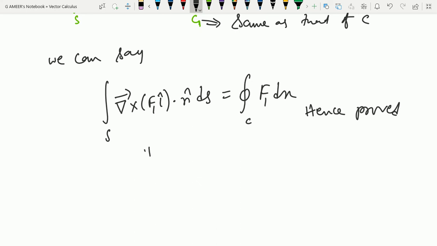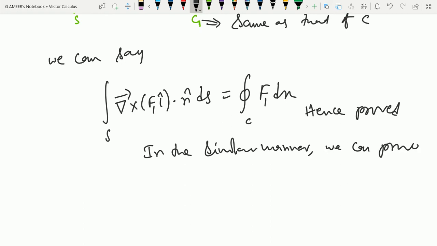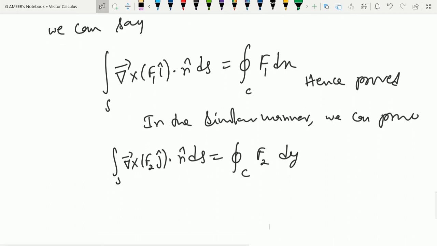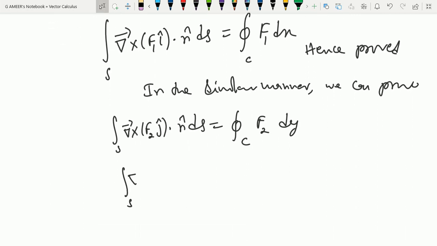In the similar manner, we can prove the surface integration of del cross F2 j cap dot n cap dS is equal to the integral of F2 dy. And the surface integration of del cross F3 k cap dot n cap dS is equal to the integral of F3 dz.